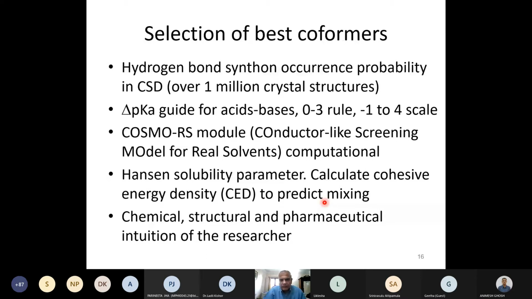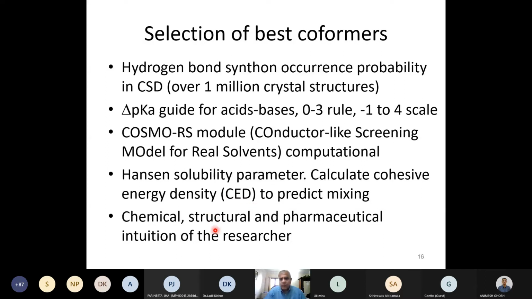It's a very classical parameter, almost more than 50 years old, but there are several improvements to it. It's essentially a combination of hydrogen bonding, hydrophobic, van der Waals, and ionic interactions, but there are certain weightages given, and that allows you to derive these solubility parameters from the structure of the API or the drug or the co-former.